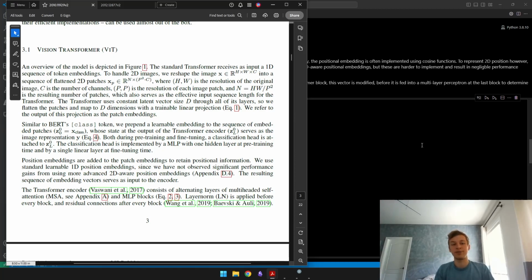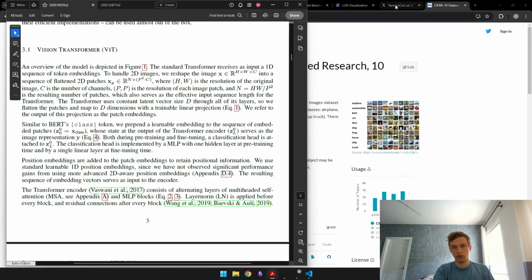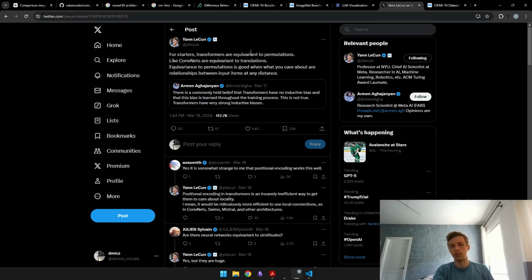Now we have to do this because transformers don't inherently have information about position, and there's actually a good tweet or post from Yann LeCun on transformers being equivariant to permutations, meaning that they have no meaningful information about position inherently, and we have to adjust to that using the positional embeddings.